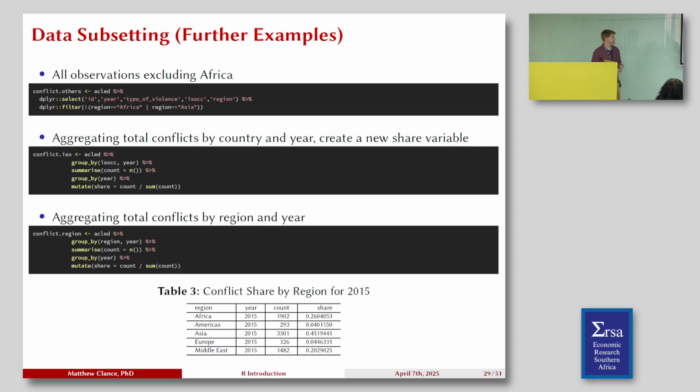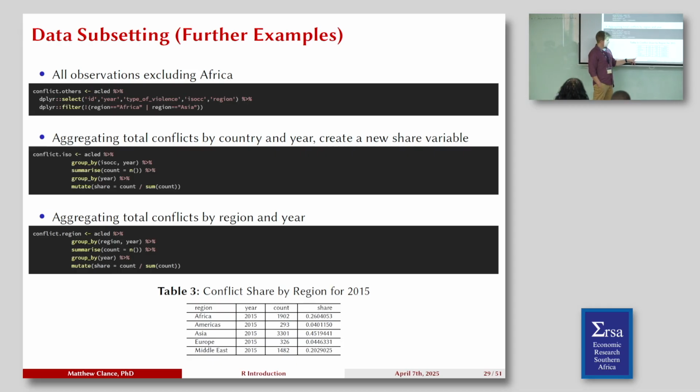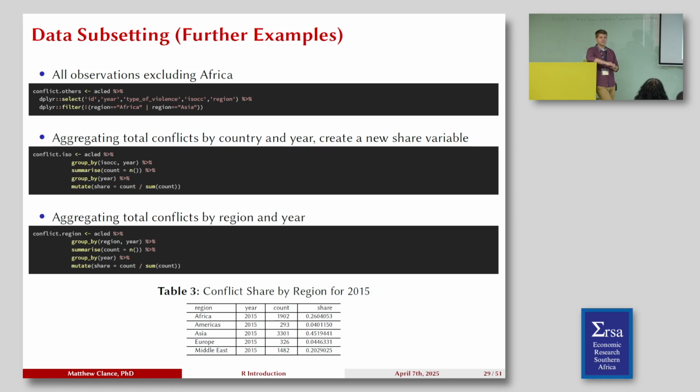Okay. And again, I could use the cable. I don't think I showed the cable here though. It prints out by region in 2015 what the count and the share of conflict was across the world. Okay, so this is what I meant by many times you would take these in different pieces within your data set as you were building them.